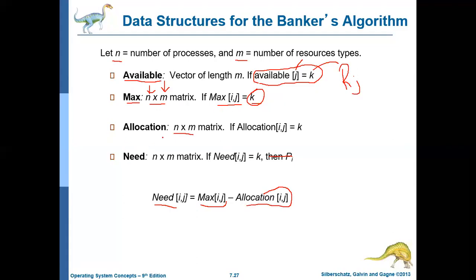Allocation represents how many instances of each resource were currently allocated to each process. And need represents how many instances of each resource will be required in future by each process. And always need of I comma j will be equal to max of I comma j minus allocation of I comma j. Okay. So these are the data structures that are used in Banker's algorithm.